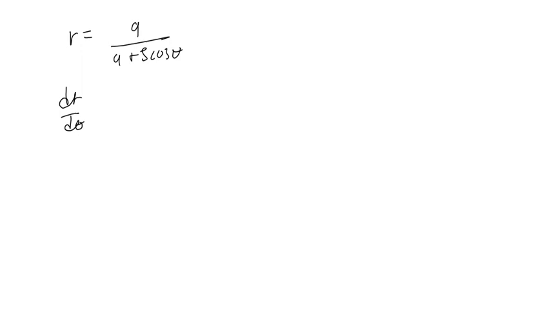But I think that would be too much work. So I'm just going to see what value of theta is going to give me the maximum value of r, because I'm just looking for the value of r.